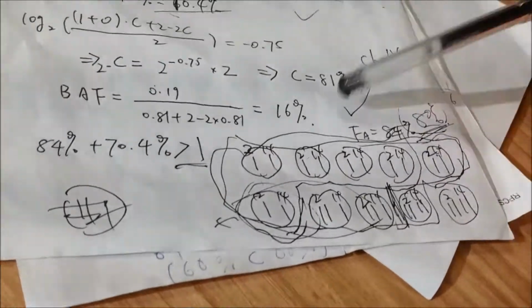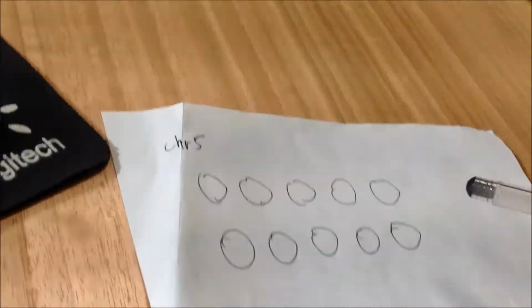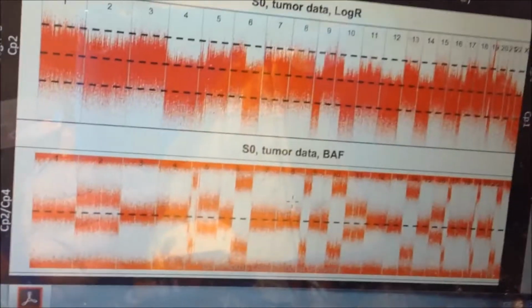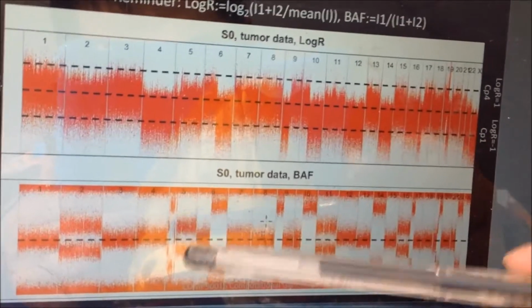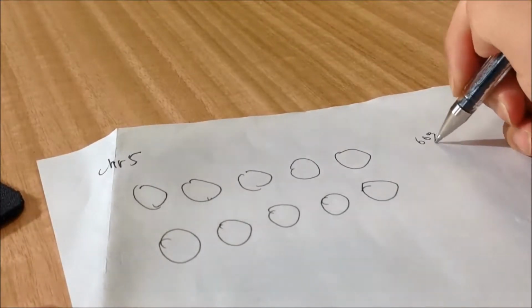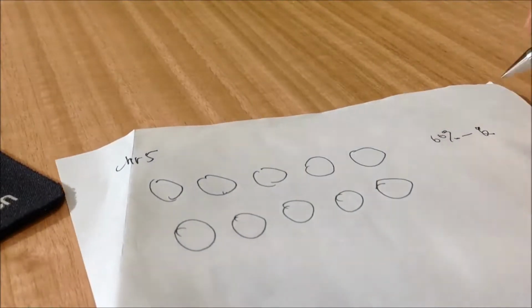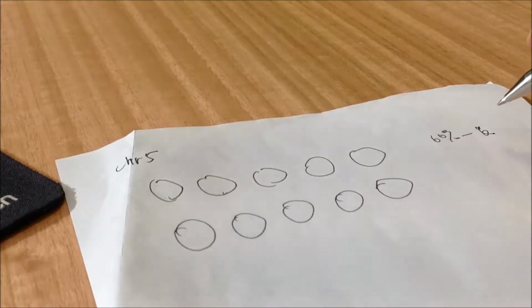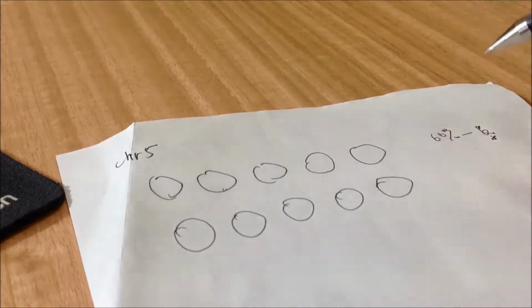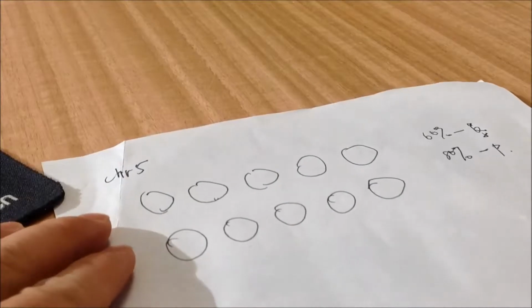Previously those losses of copies happened in different chromosomes, but this time, as we can see on chromosome 5, they happen on the same chromosome. 60% of cells lost the right half copy, which we denote as QR, while 80% lost the left copy, which we denote as PR.